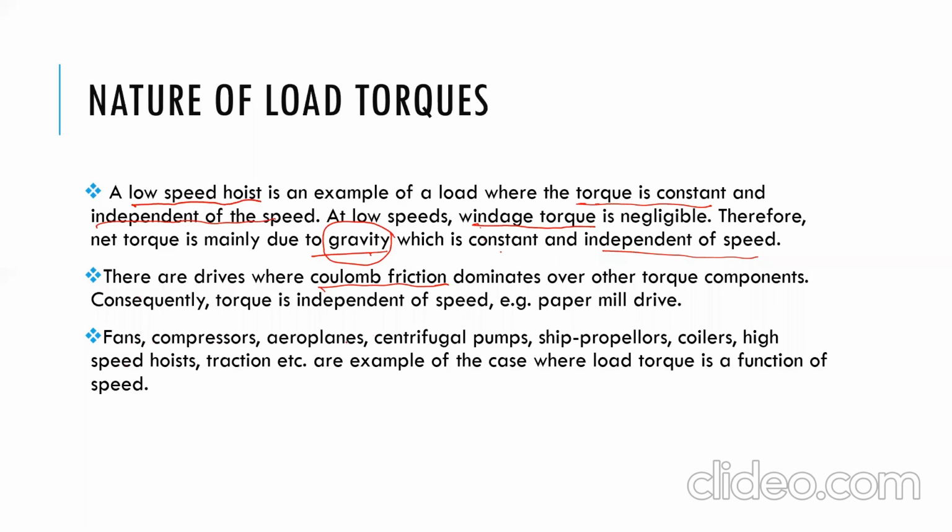Fans, compressors, aeroplanes, centrifugal pumps, ship propellers, coilers, high-speed hoists, traction, etc. are examples of cases where load torque is a function of speed. These are the loads where the load torque is a function of speed. We are going to see their graphs.